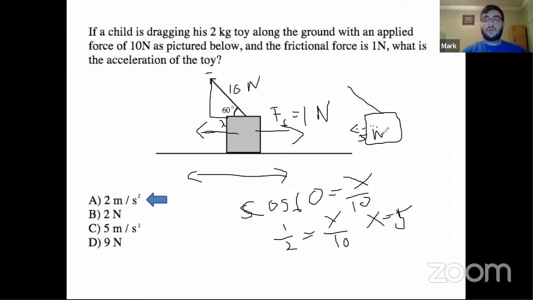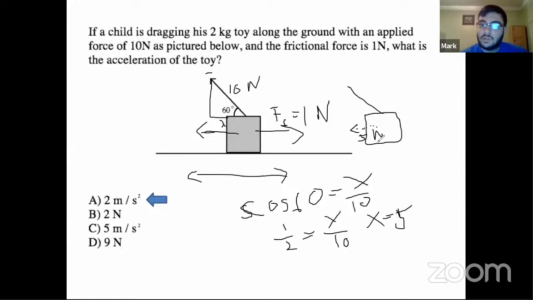Obviously, if you're just pulling something along the floor, it's not accelerating up or down. So that means the net force in the y direction is 0 because it's not accelerating up or down. We know that because of F equals ma. If a equals 0, F has to be 0. However, it's accelerating to the left because he's pulling on it. In the direction he's pulling it, F is not equal to 0. That means a is not equal to 0.